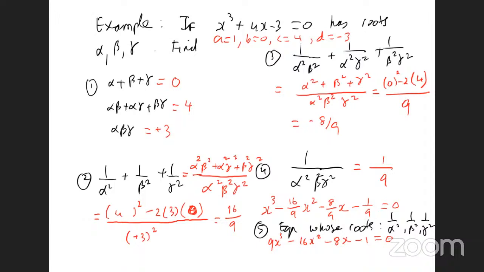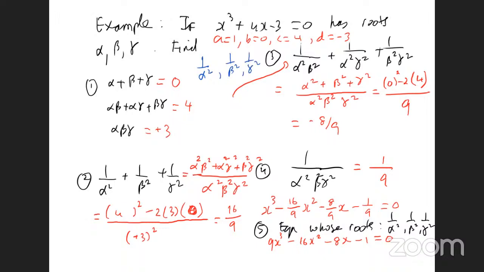Copy it down, I want to show you our next method. By the way, you're okay with how I got the pairwise sum? Remember, these are your roots, the new roots: one on alpha squared, one on beta squared, one on gamma squared.